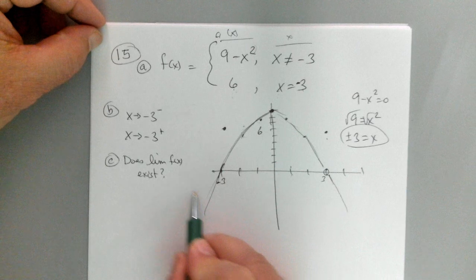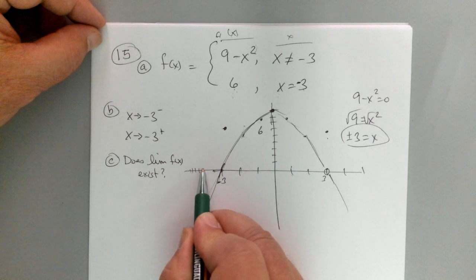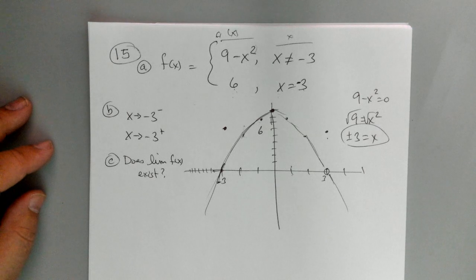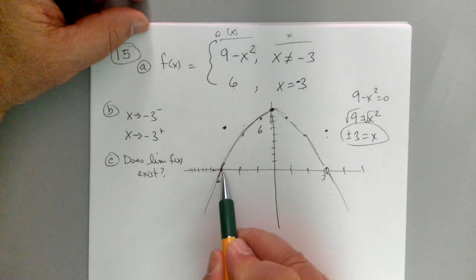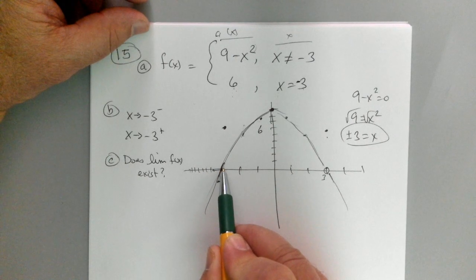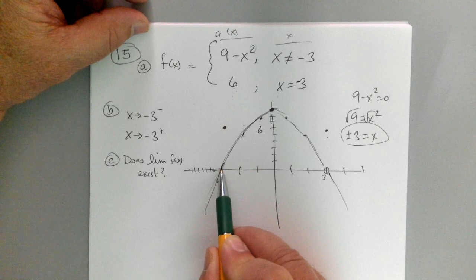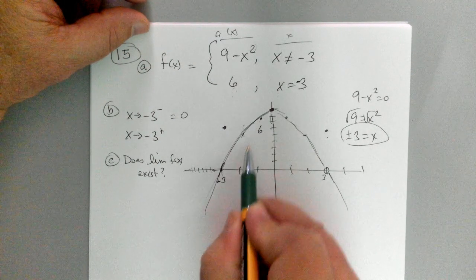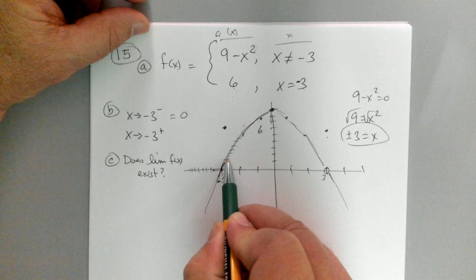So as x approaches negative 3 from the left, what value is it approaching? As x approaches negative 3 from the left, what's the y value at that point? As x approaches negative 3 from the right, where is it approaching?